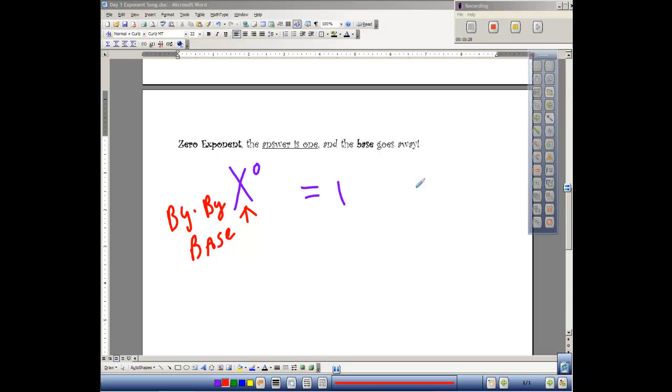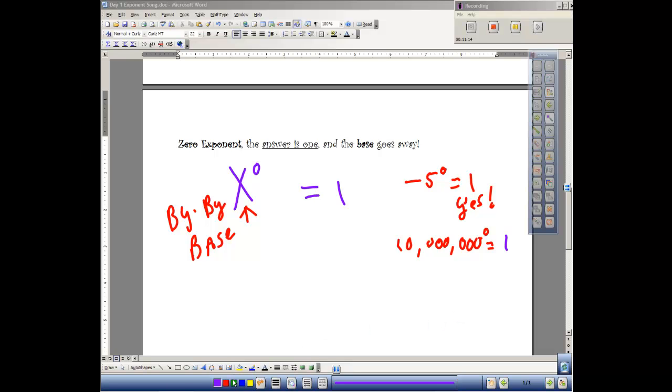So if I have negative 5 to the 0 power, does that equal 1? Yes. So if I have 10 million, that's a 1, comma, to the 0 power, the answer is 1.